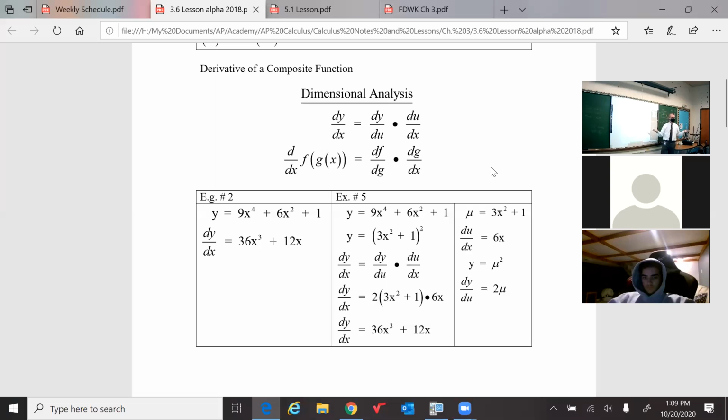Except I can't write a mu in my answer because you introduced the mu. So it's just 2 times what mu is, this, times d mu dx, which is this. Distribute the 12x over what's inside, and you get the same answer. Okay?